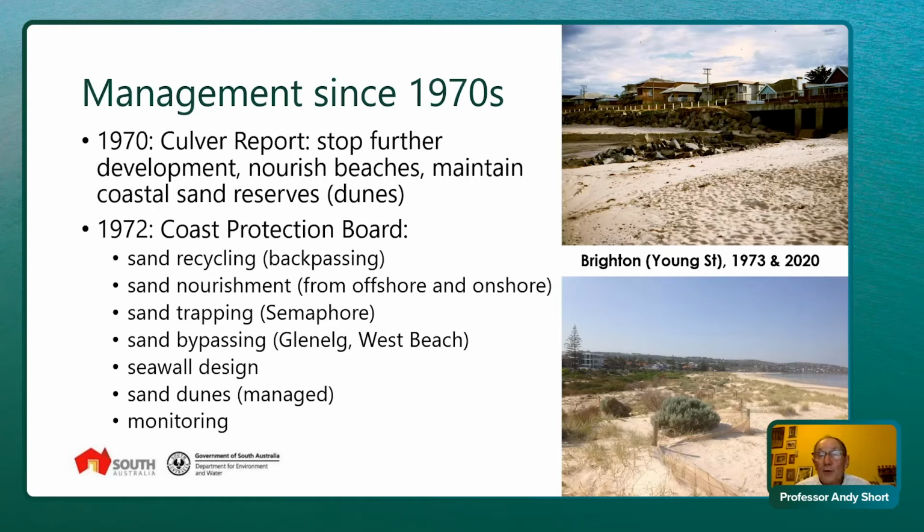To develop better designed seawalls that don't fail when there's storms, and help minimise erosion, and also, very importantly, to monitor the entire system, not just the beaches and dunes, but also the seagrass meadows. Because it's only by monitoring can you know how effective your management program has been, and therefore fine-tune it to better adjust to changing conditions.